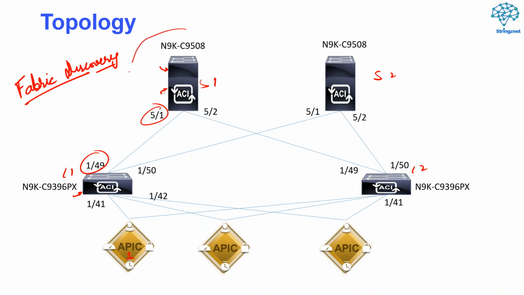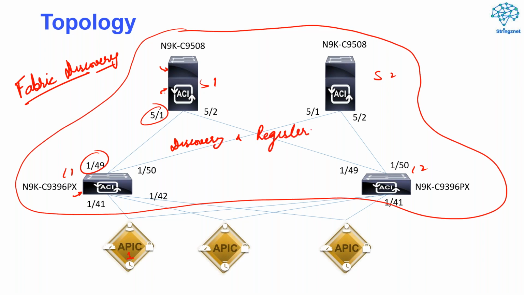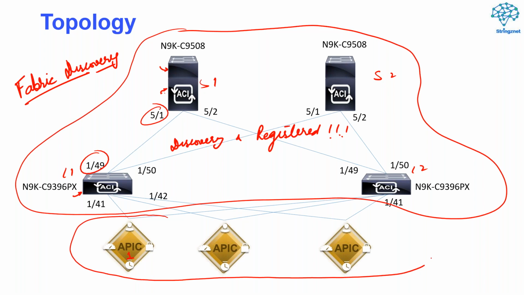Once all these devices, the spine and the leaf devices, are discovered and registered, then these three different nodes called controllers will form one cluster.